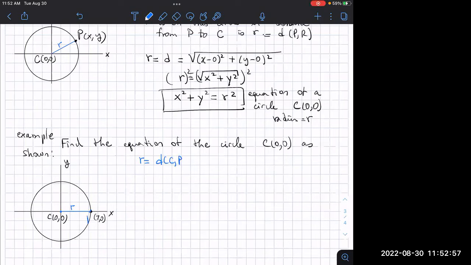Let's call this point P. So find the distance. Apply the distance formula, simplify, what do you get?